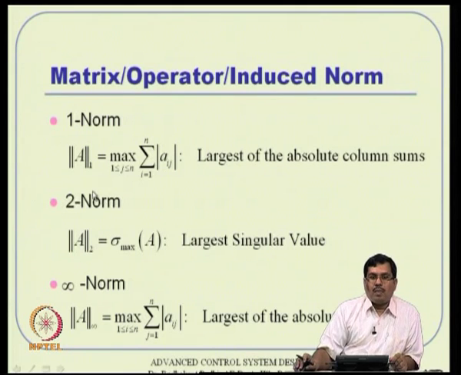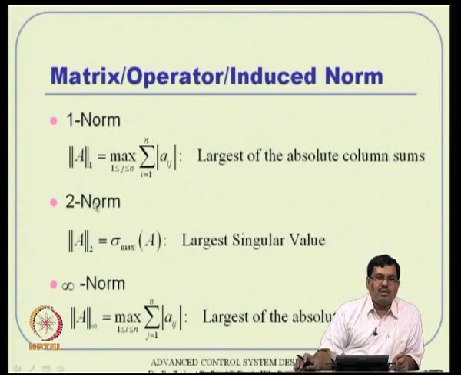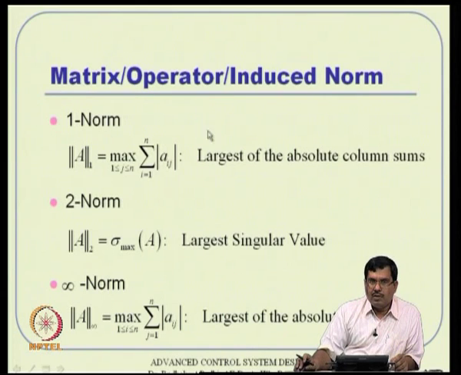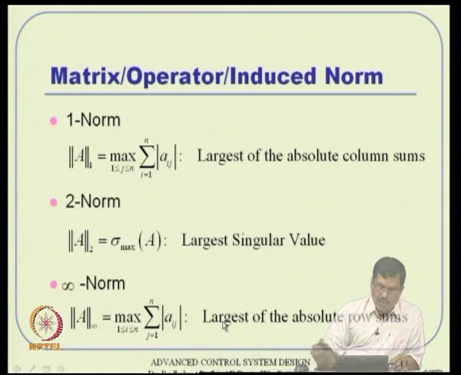So, if you take all singular values and find the maximum singular value, that is nothing but the second norm actually. That is fairly straightforward, as long as you find the singular values. Now, what are the one norm and infinity norm? These are defined mathematically like this. However, in English word sense, the one norm is nothing but the largest of the absolute column sums, and the infinity norm is the largest of the absolute row sums.